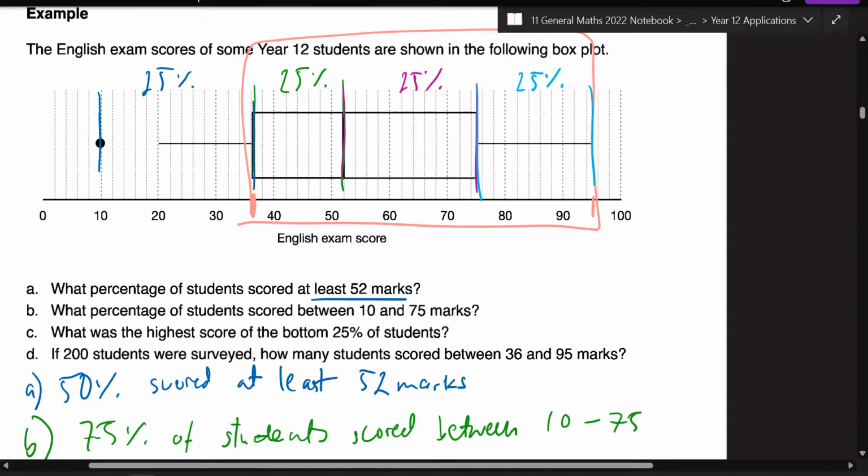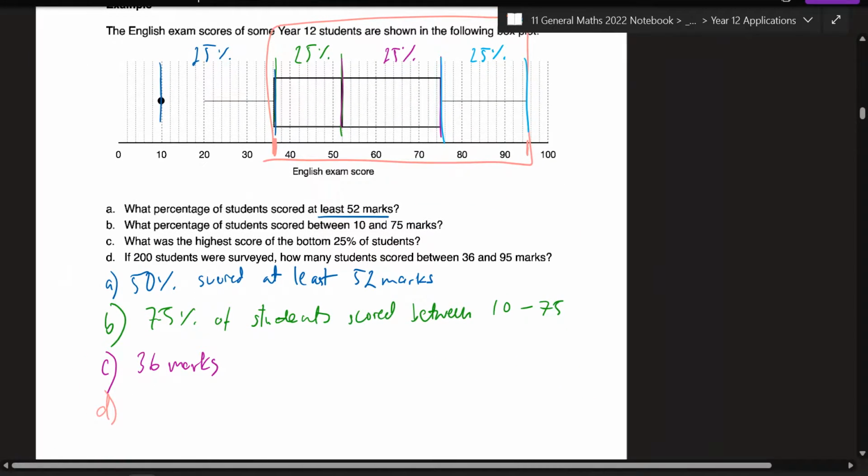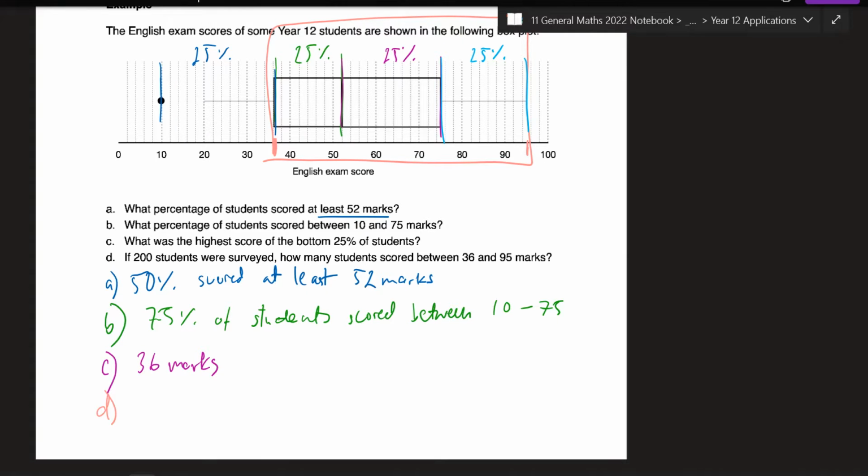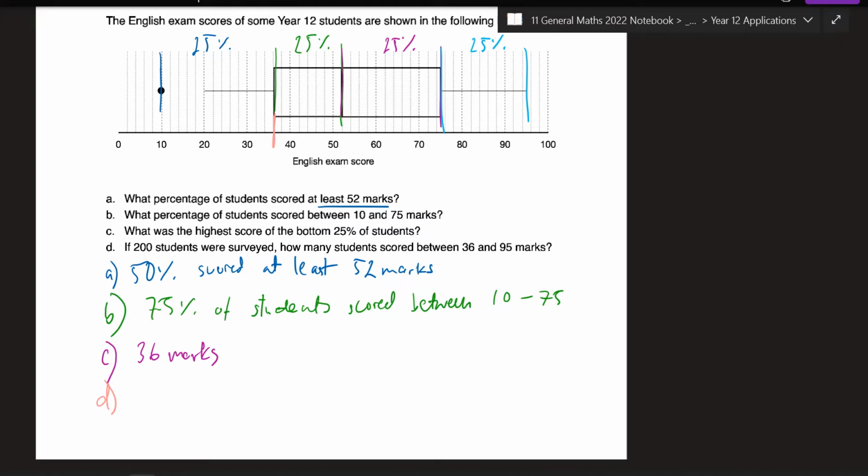What's the percentage between 36 and 95? Kira, Lucas, how many people is that, in terms of percentage? Add up the percentages. You've got that, plus that, plus that. How many? 75%.